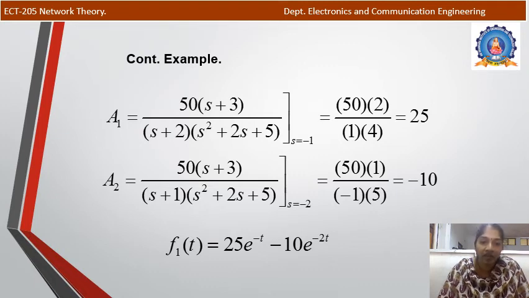So we get F(s) equal to 25 by s plus 1 plus 10 by s plus 2. Okay, so when we take the inverse, F1(t) we got as 25 e raised to minus t minus 10 e raised to minus 2t. Okay.